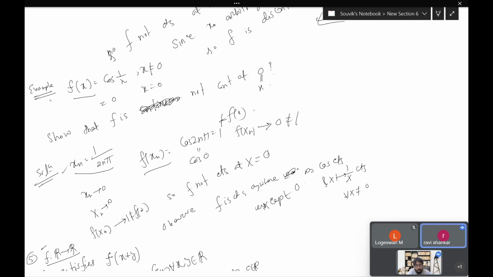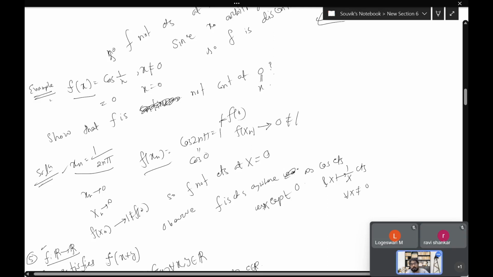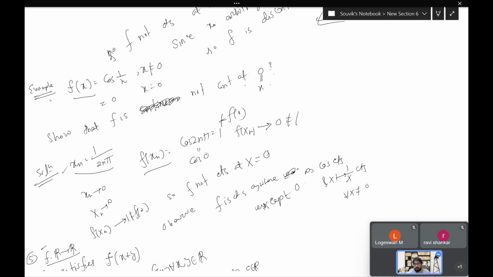Sir, I didn't get this explained. Okay, so the point is that here we need to use the sequential criterion. We need to come up with a sequence converging to the point 0, but f of that sequence is not converging to f of 0, right? Such a sequence we need to construct.